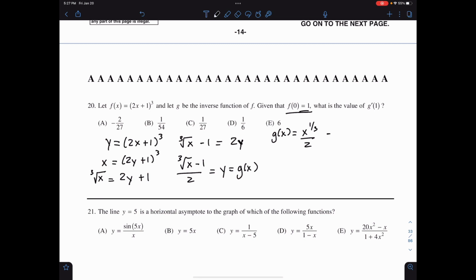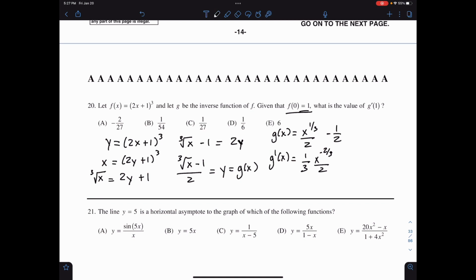So that's the same thing as what we had here. I just wrote it as a fractional exponent. It just makes it easier to take the derivative. So now when I solve for g prime, I first find the derivative of this first value here. So I get 1 over 3 times x to the 1/3 minus 1, so it's negative 2/3, and I still have that 2. And the derivative of minus 1/2 is just 0, so that goes away.